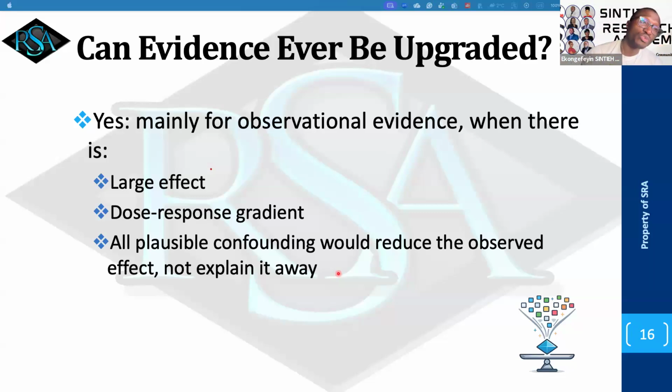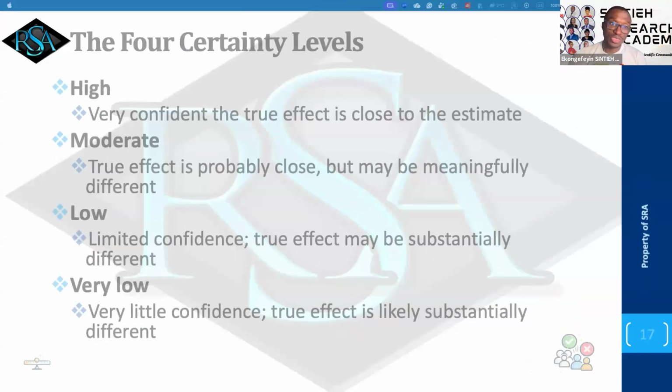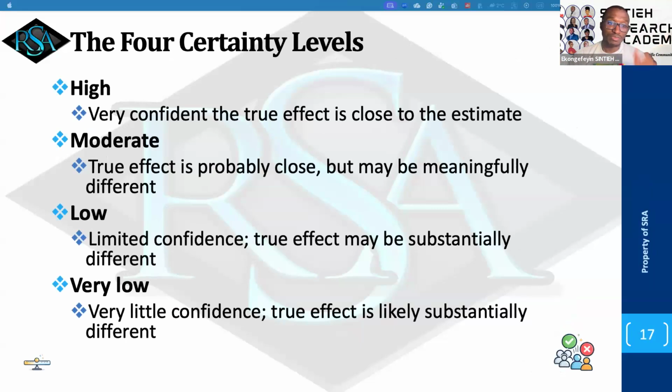But again, you are not going to say that you are 100% sure that the effect is what it is. Again, all we are saying is be very calm, be very humble when you're presenting your findings. So these are the four levels. I'm not going to go into the details, but that's self-explanatory.